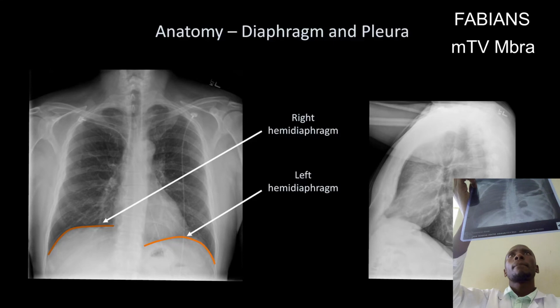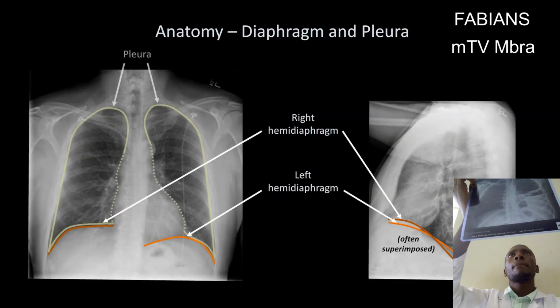Then we have the pleura, which are the lungs, left and right, as I have outlined in cream color. They should be air filled, so they should be black. In cases where there is a problem with the lungs, maybe there are white patches or white spots, and you can know that the chest X-ray is abnormal.